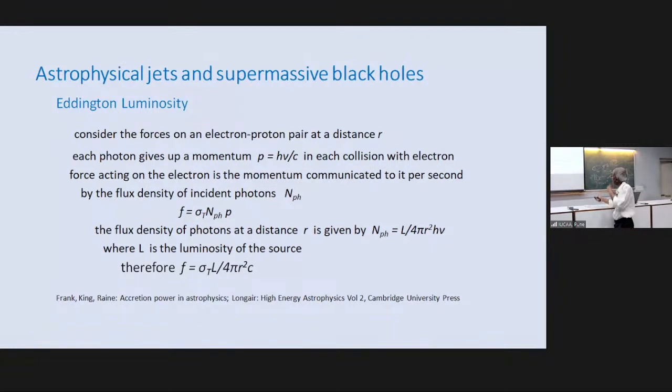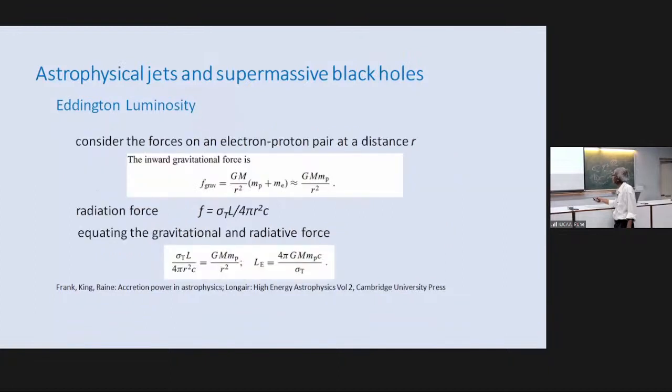The force due to the photons is sigma T, times the number of photons, times the momentum each gives. You can calculate the force due to photon scattering off electrons, equate the two, and get an expression for the maximum luminosity you can get. This is what is called the Eddington luminosity.